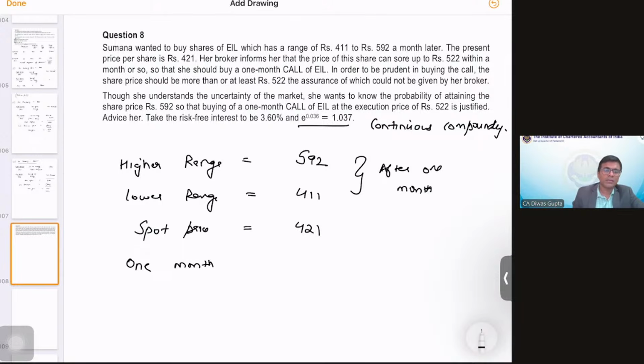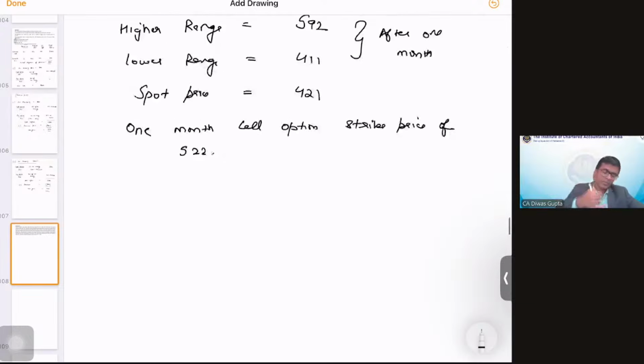1 month. Yes, using the binomial model, we will calculate the probabilities. Very good. 1 month call option with a strike price of 522, right?